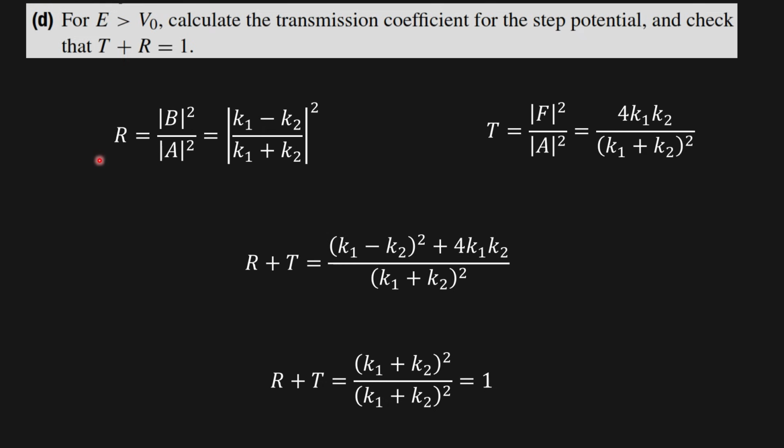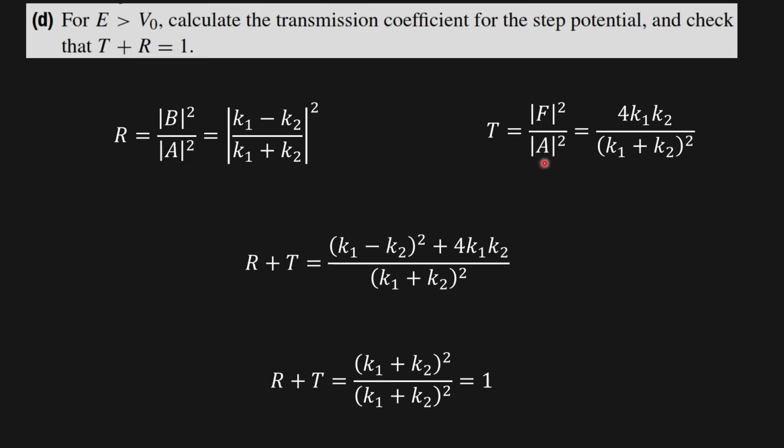We have seen in section B that R is equal to modulus B squared over modulus A squared, which is equal to modulus squared of K1 minus K2 over K1 plus K2. Then the transmittance, we have seen already, is modulus F squared over modulus A squared, which by definition is equal to 4 K1 K2 over K1 plus K2 whole squared.